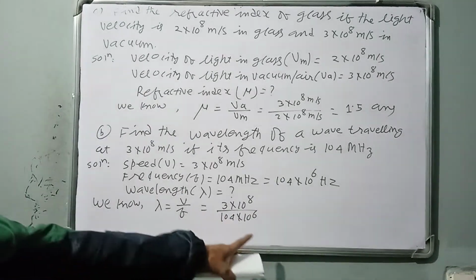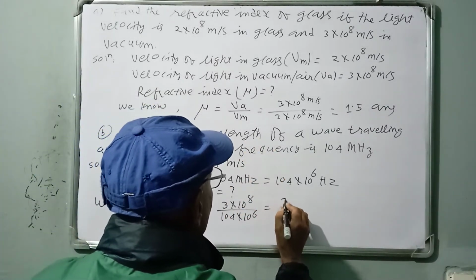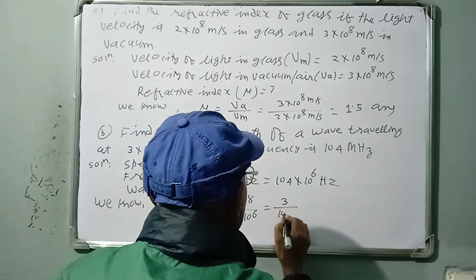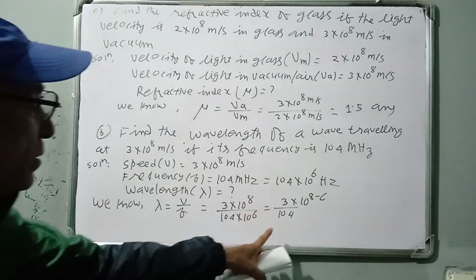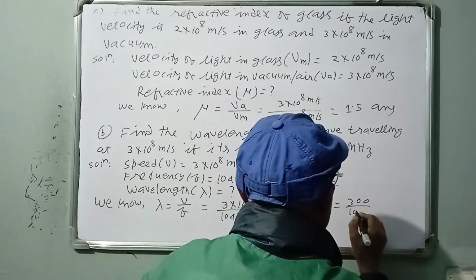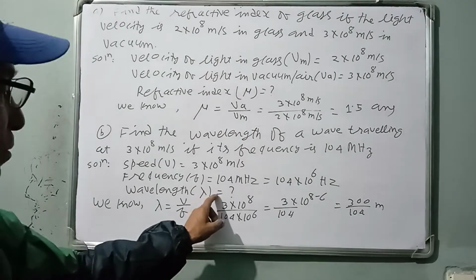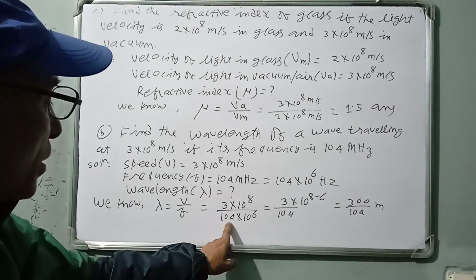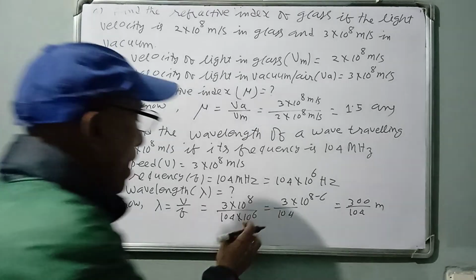Then what you should do? Either you can quote it like this, 3 by 104 into 10 to the power 8 minus 6. This is 300 by 104 meter. You can write 3 into 10 to the power 8 divide by 104 and divide by 10 to the power 6, without quoting or by quoting.